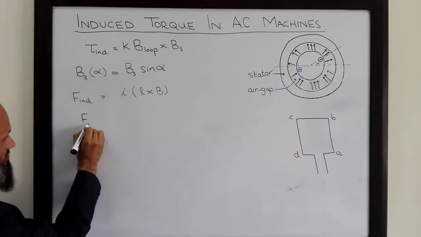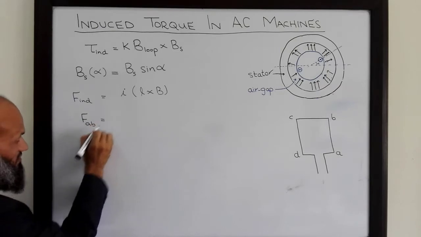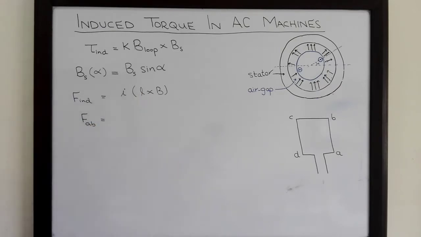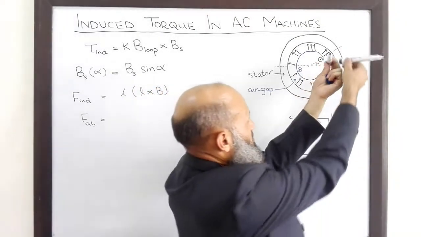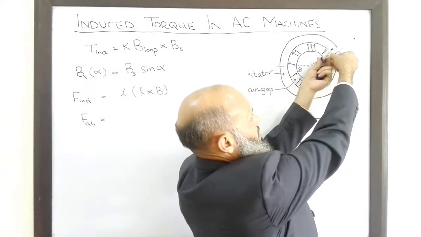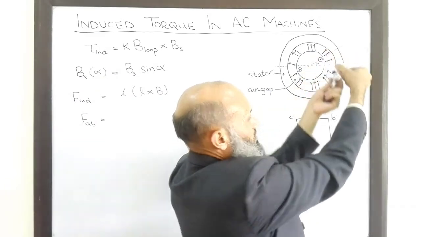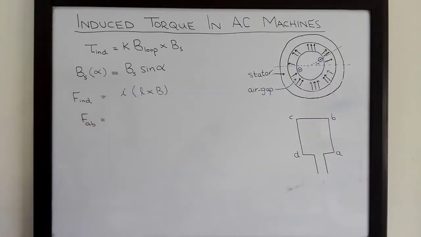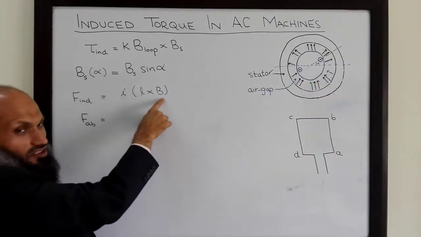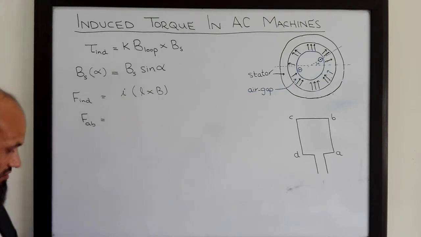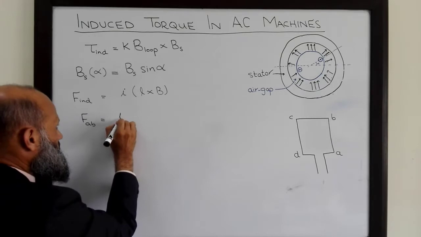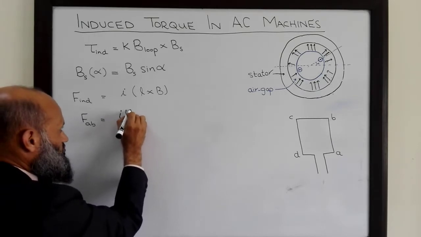Force in conductor AB is given by L cross B. L is out of the surface of the board and B is directed in this direction, so both vectors are perpendicular to each other. L cross B is simply equal to L times B, and the magnitude of force is I L B.